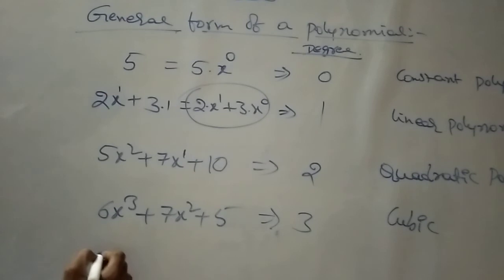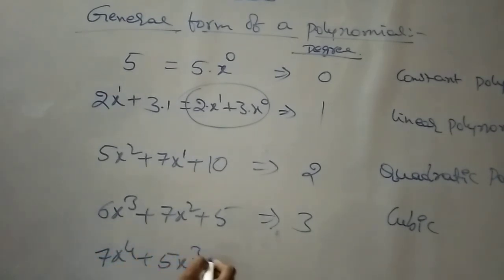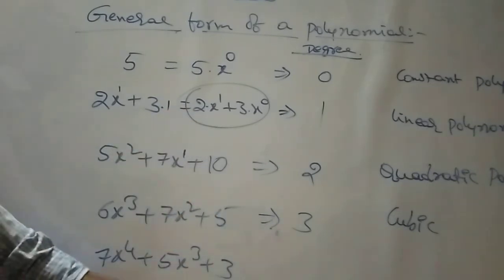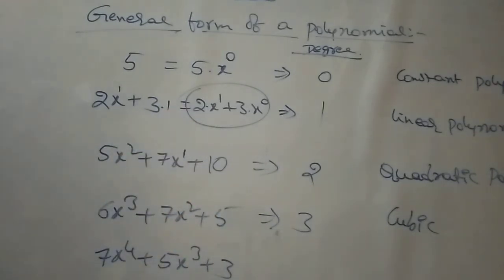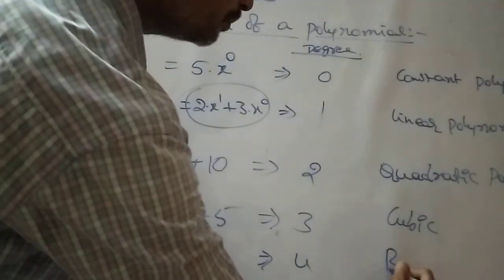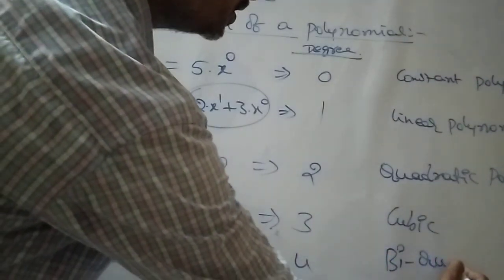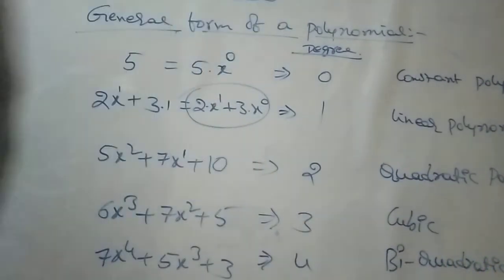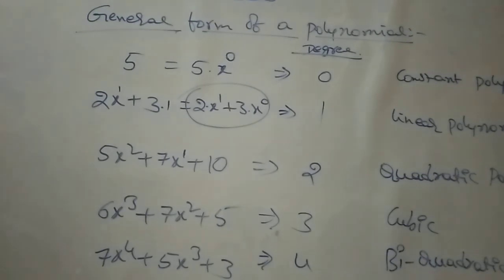Suppose the degree is 4, with 3 terms: first term degree 4, second term 3. Now it is very easy, we are perfect at finding the degree of the polynomial. The degree is 4. It is a biquadratic polynomial.